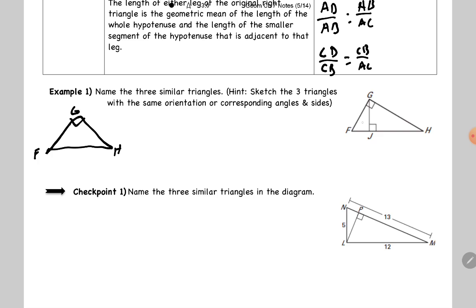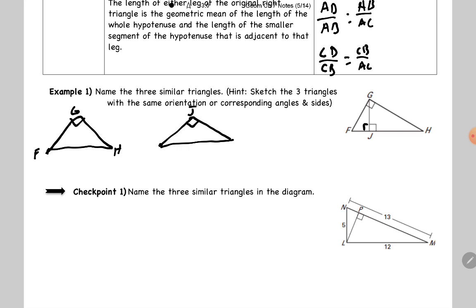So look at the left triangle and then compare. From here to here, we need to figure out the two letters that we're going to use. So we know that the right angle on the left triangle is at J, so this will be J. Okay, and then looking at the left, comparing, we went from F to G. F to G is the small side, the small leg of the big triangle.